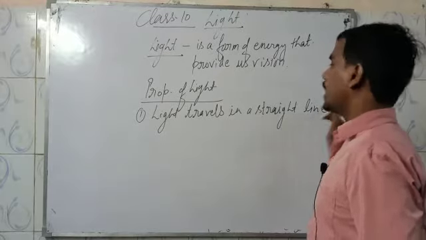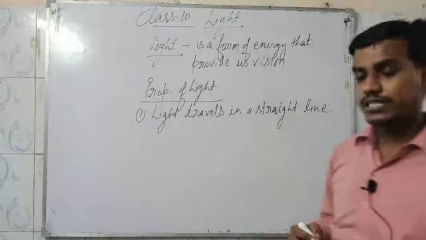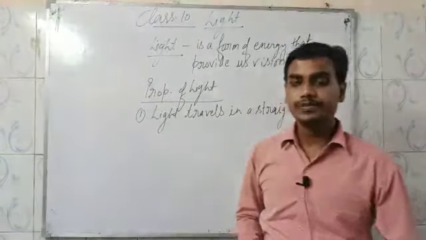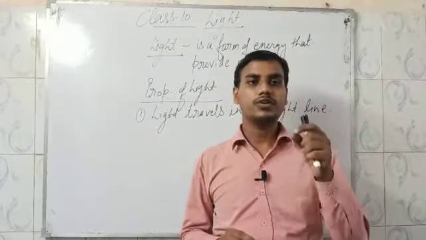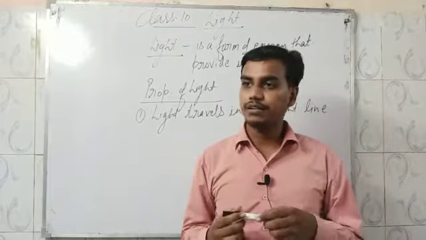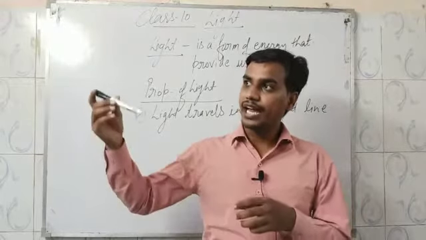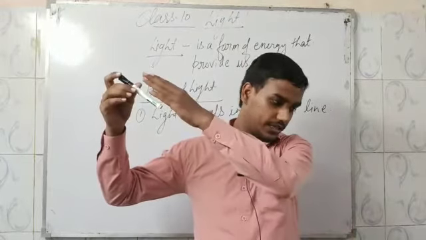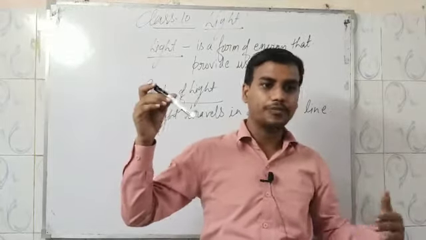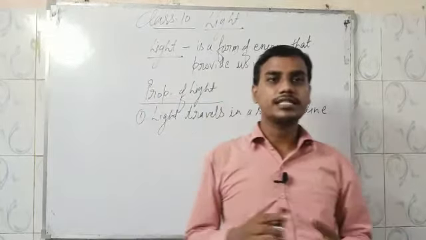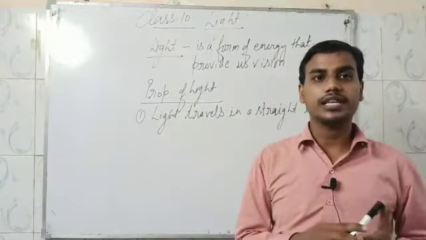How can you verify that light travels in a straight line? For example, if we close a door and there is a hole in the door, we can see that light enters through the hole and falls on a surface in a straight line. So by this experiment we can say that light travels in a straight line.